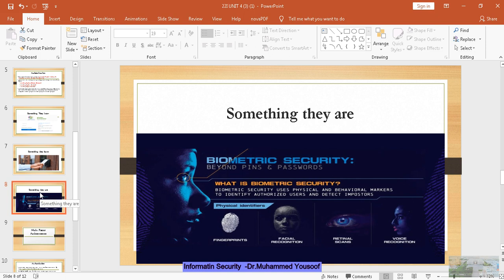So to sum up the class today, we have seen, number 1, what is information security. What are the 3 important characteristics people would like to see from the information security point of view? Confidentiality, integrity, and the last one is availability.